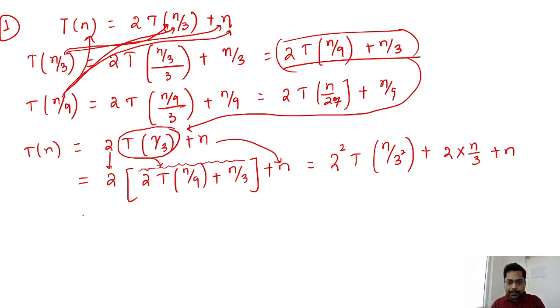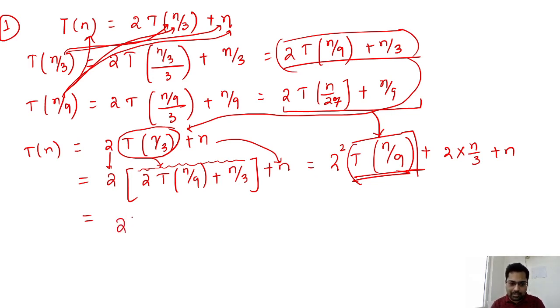Now the value of T(n/9) is 2T(n/27) + n/9.